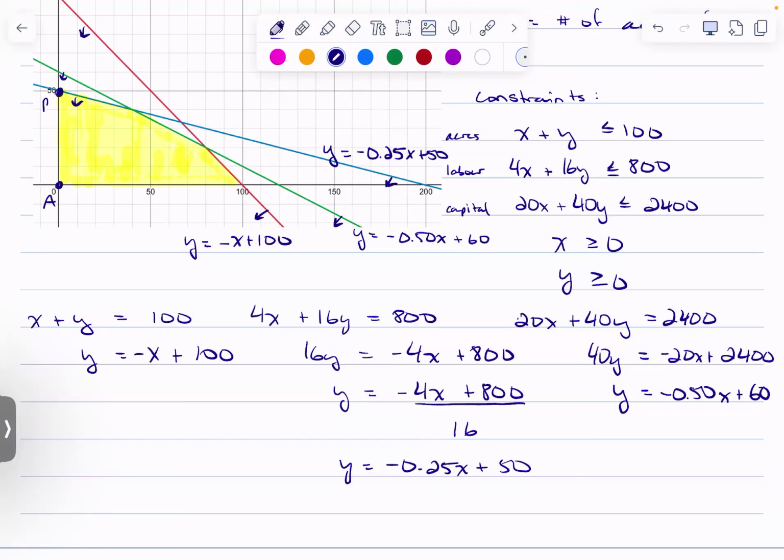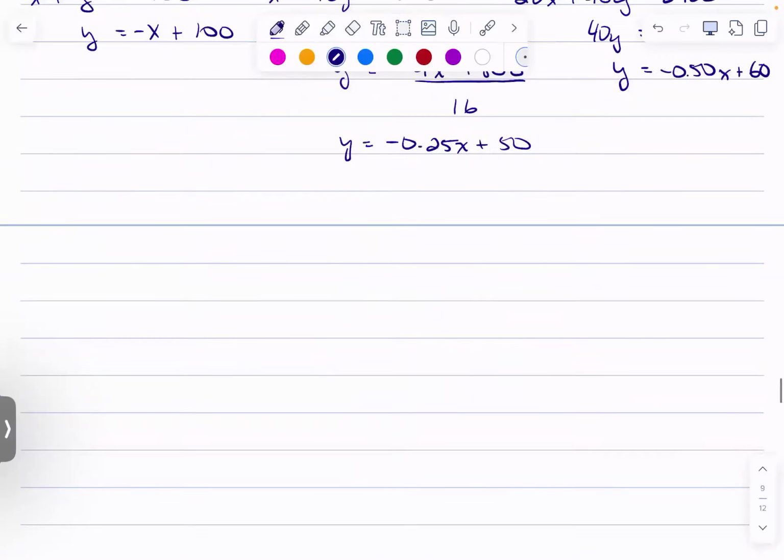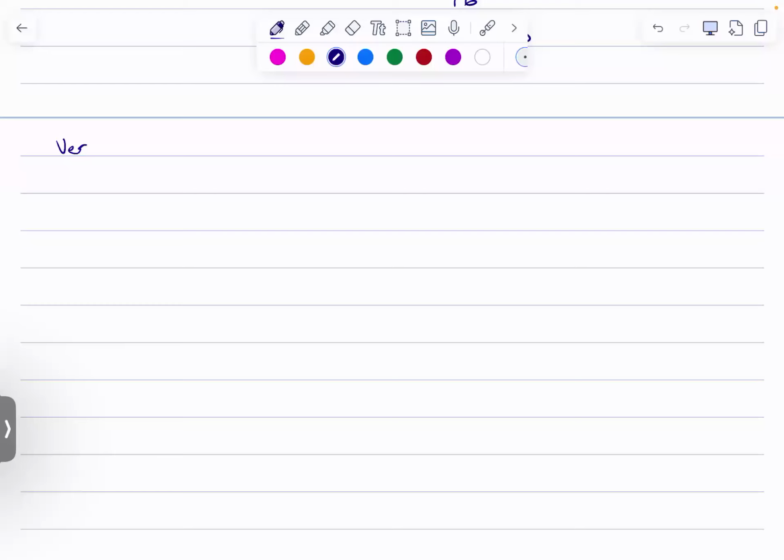Labeling them A, B, C, D, E. I have to find all these vertices. I know A, I know B. You're okay to jump to B. And I'll even let you jump to E, which is at x equals 100 and y equals 0. But you do need to find C and D. So for each vertex, A is at 0, 0.